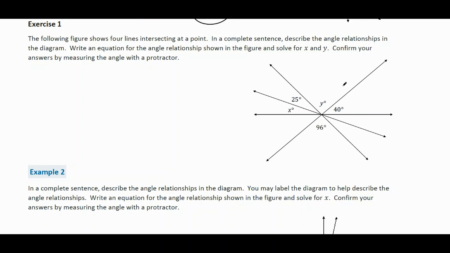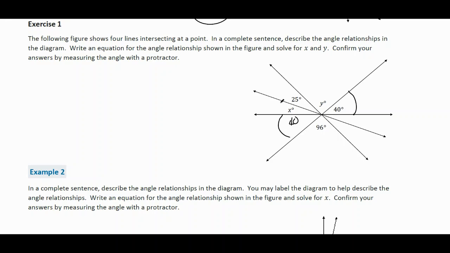This one, what can we say? As you can see, there is a straight line, a straight line, a straight line, a straight line. So there are a lot of vertical angles there, okay? So what are we going to do? Since this one here is the vertical, this is 40. How about the x?